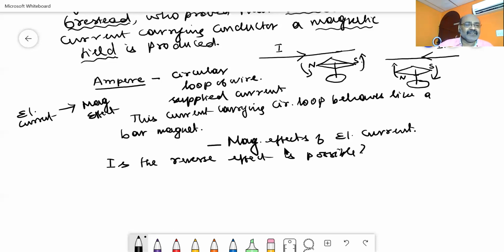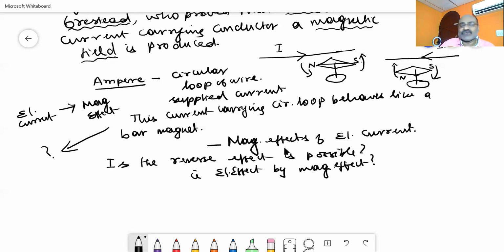Is the reverse effect possible? That was the question. That is, can we get an electrical effect with the help of a magnetic effect? It was two scientists. One is Michael Faraday.